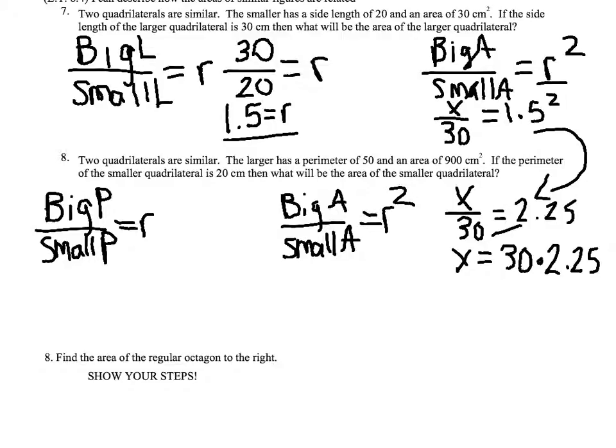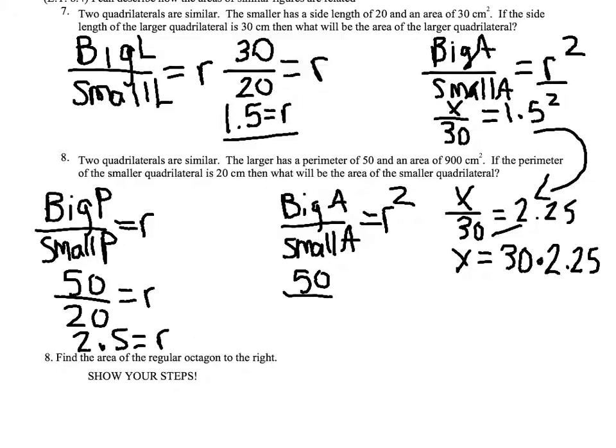So in this situation, we have 50, which is the big perimeter, over 20 is equal to R, and that's 2.5. And then we also have the big A is 900 over x is equal to 2.5 squared.